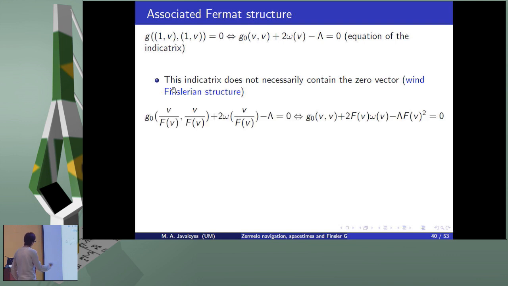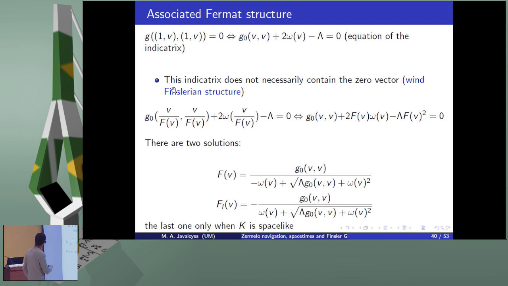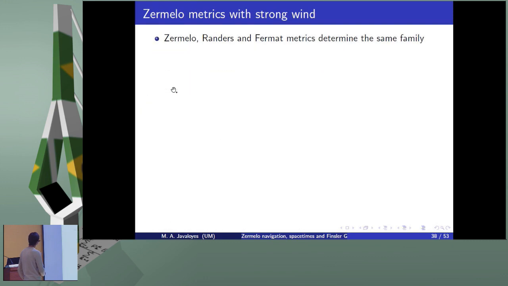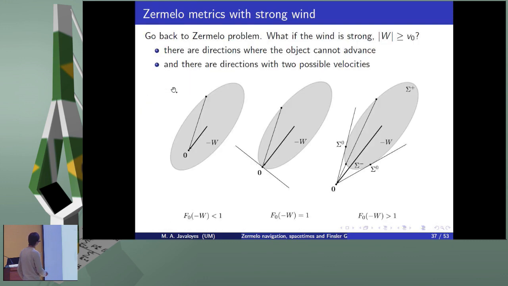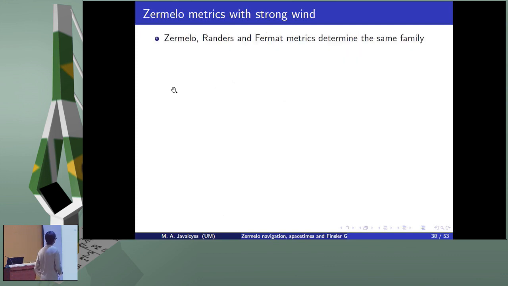Again, you obtain the expression for the Fermat metrics. In this case, there are two Finsler metrics, because here there is the Finsler metric given by this indicatrix, and the Finsler metric in this direction. These indicatrices give two Finsler metrics.